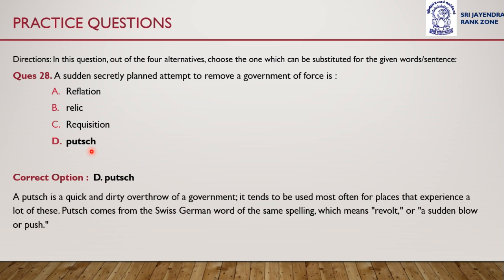It comes from the Swiss-German word of the same spelling, which means revolt or a sudden blow or push. So option D is the correct answer for question number 28.